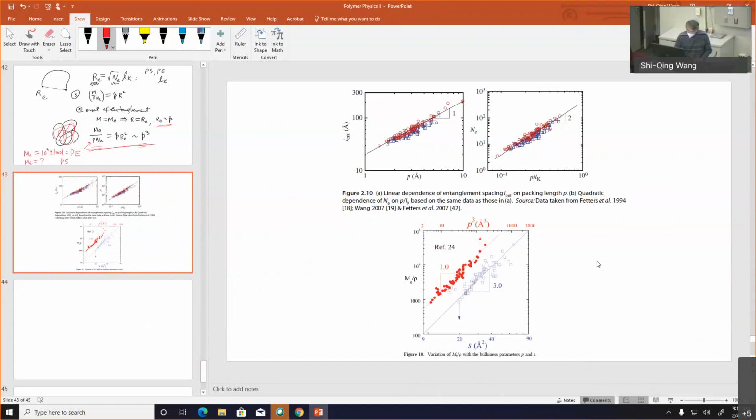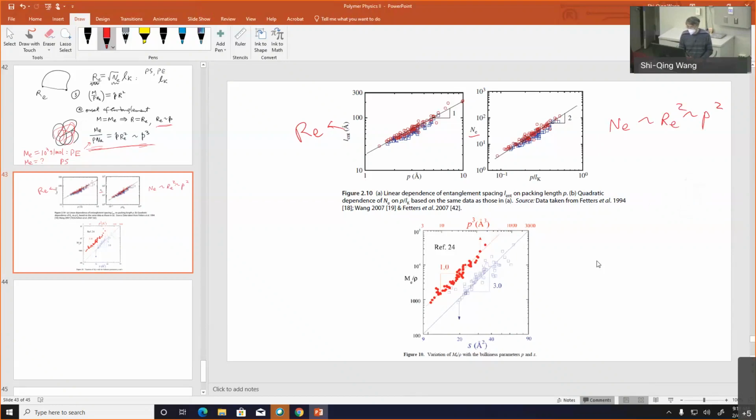I'm just first going to convince you that this is RE, and this is NE, or NE would be RE squared, of course, because of the Gaussian chain relationship. And therefore it should be P squared.